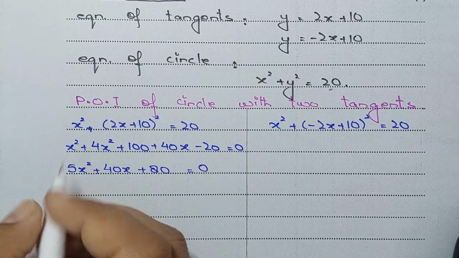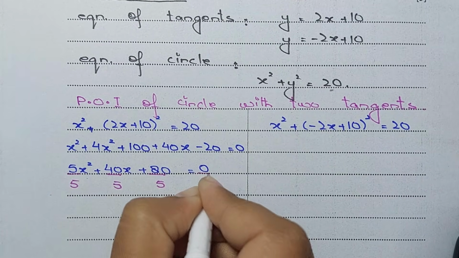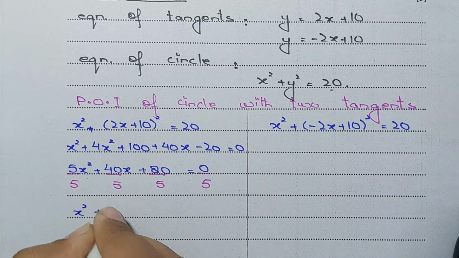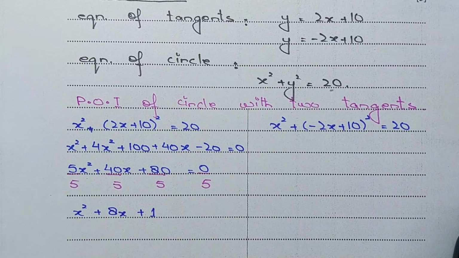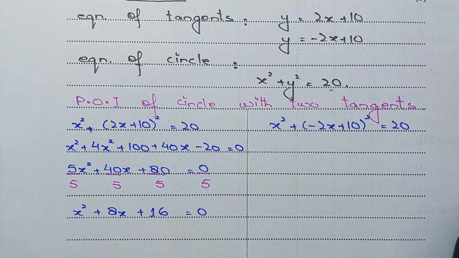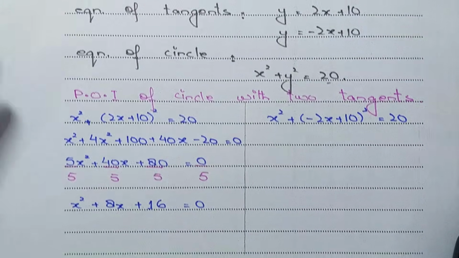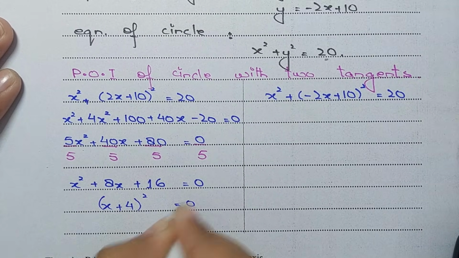Now dividing throughout the equation by 5, because everything is divisible by 5, we get x square plus 8x plus 16 equals 0. Now this is a square plus 2ab plus b square, which is x plus 4 whole square equals 0.